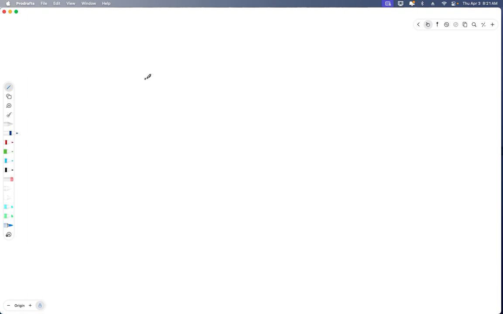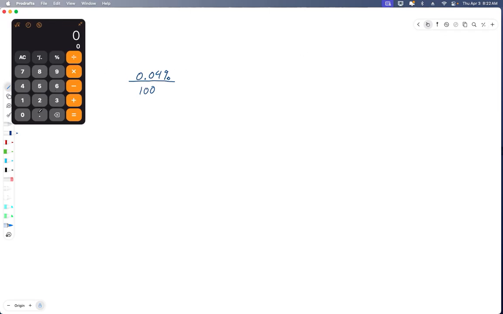So if you've got 0.04%, the way that we would turn this into a decimal would be to divide this by 100. So we want to put this over 100, right? With our calculator, we're going to say 0.04 divided by 100.